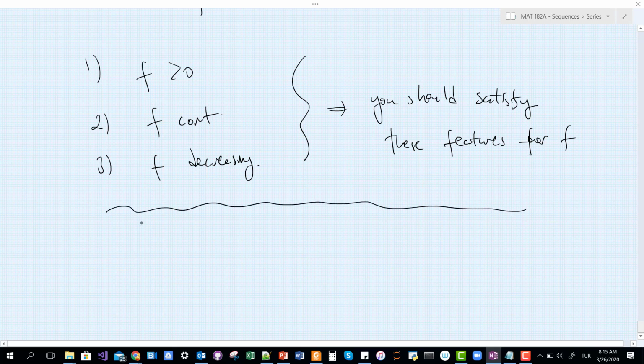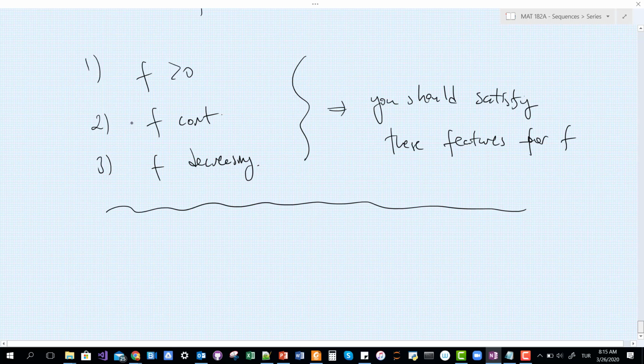But since we do online classes, I'm not going to try to verify these features, since explaining all of this is going to take a lot of time, and I just want to skip it. When you use this test, I'm always going to give examples which do satisfy these conditions.